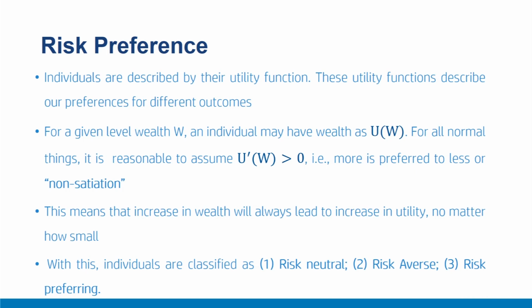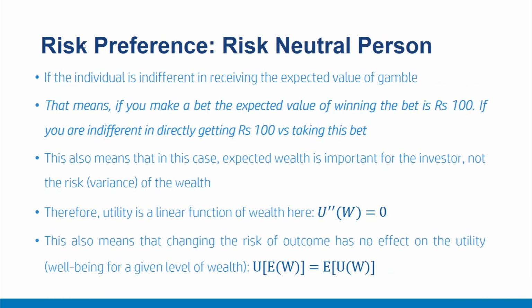With this, individuals are classified as risk neutral, risk averse, and risk preferring. Risk neutral individuals: the individual is indifferent in receiving the expected value of a gamble, for example, a simple average or probabilistic average in case different outcomes have different probabilities, or the gamble itself.